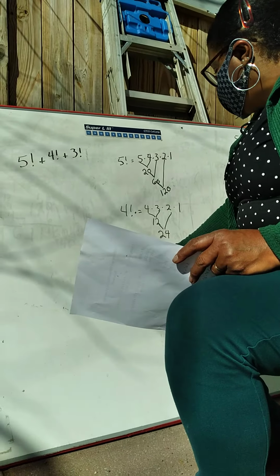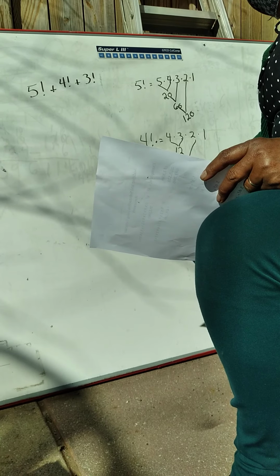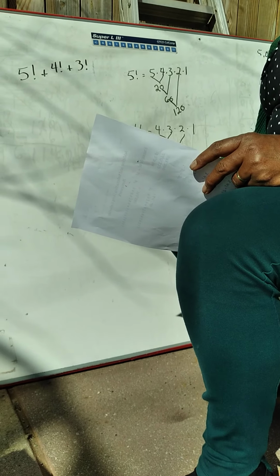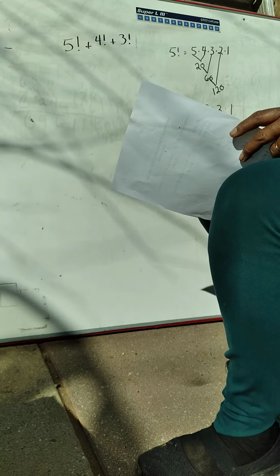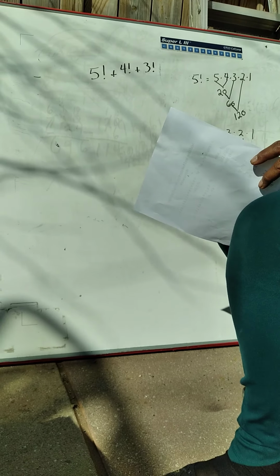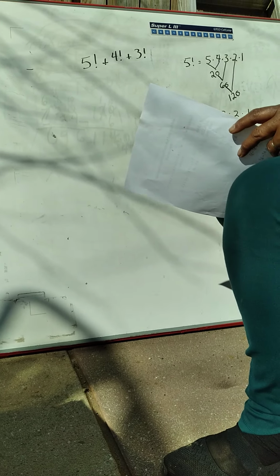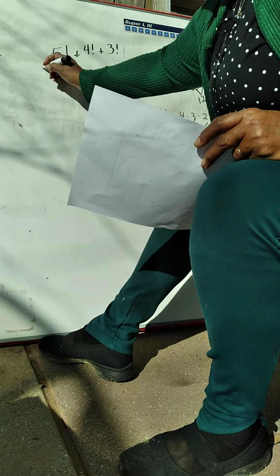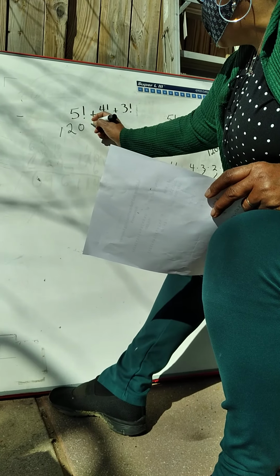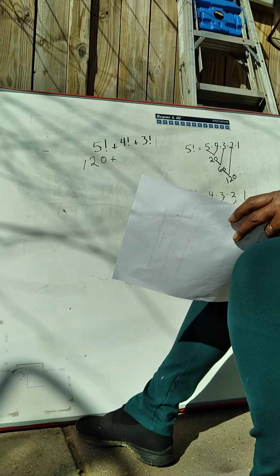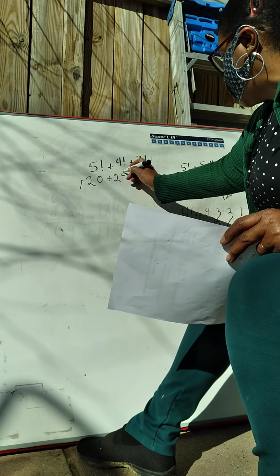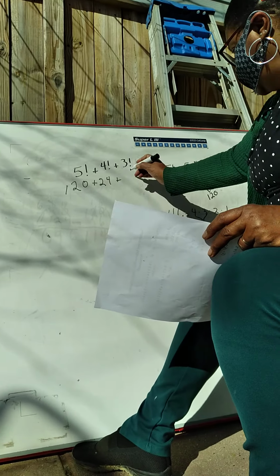So now we're going to do 3 factorial. 3 times 2 times 1. 3 times 2 is 6. So this problem is now 120 plus 24 plus 6.